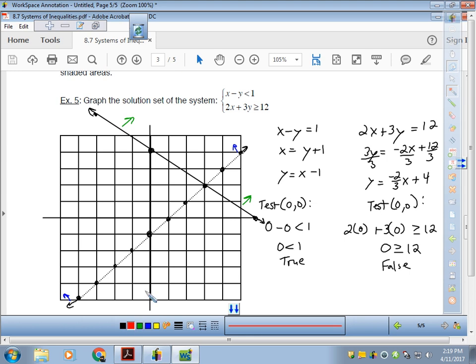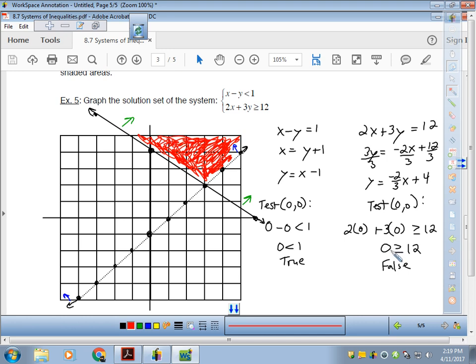So I'm going to use red, just so it's a different color. So this would be my area of overlap. This would be the area where both of them would get shaded. So that's the little section that is the solution to this system of inequalities.